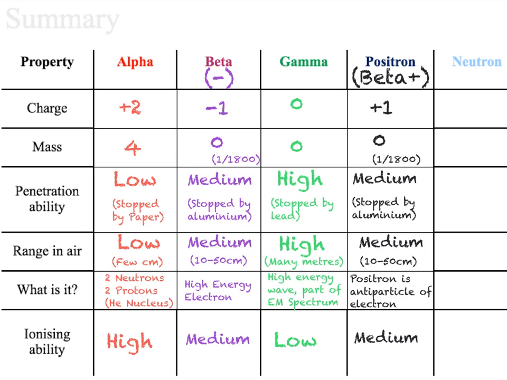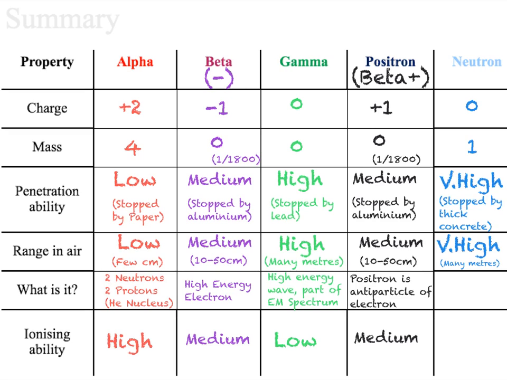Finally, we have our neutron radiation, which has a charge of 0 and a mass of 1. It has very high penetrative ability, this time being stopped by thick concrete, and has very high range in air of many meters.